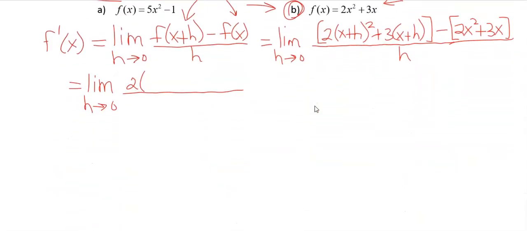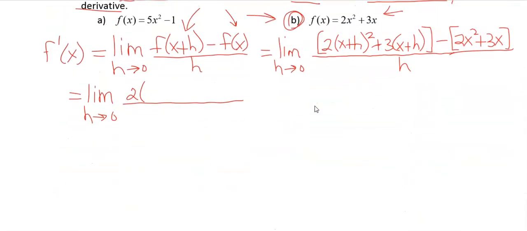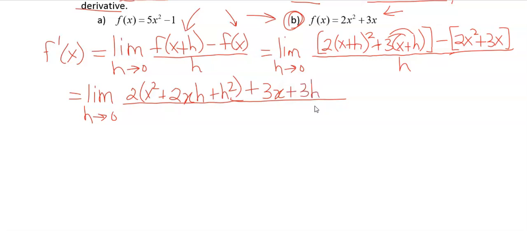So even down here, when I do this calculation, let me go back to the red ink. This is going to become 2 in front of x squared plus 2xh plus h squared, closing bracket, plus, now multiply through this set of brackets by the 3. 3x plus 3h.